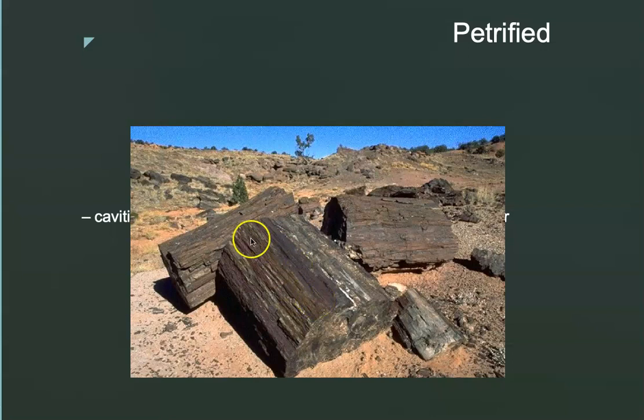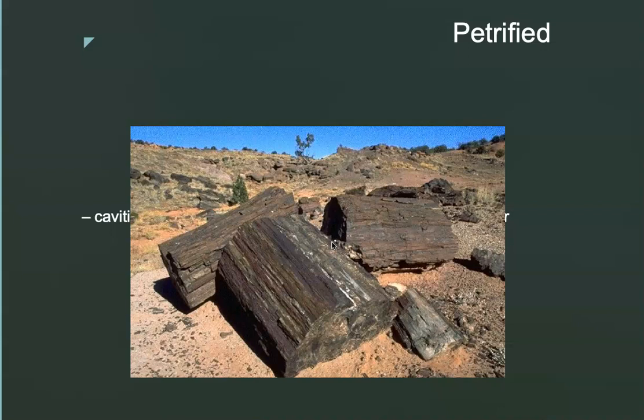And even though it looks like wood and it preserves the structure of the wood, the actual wood itself is long gone. Every cell in this organism, just like you, plants are made out of cells. Every cell, bit by bit, was replaced. It was turned to stone. So over time, we have a stone version of what used to be a live tree trunk.